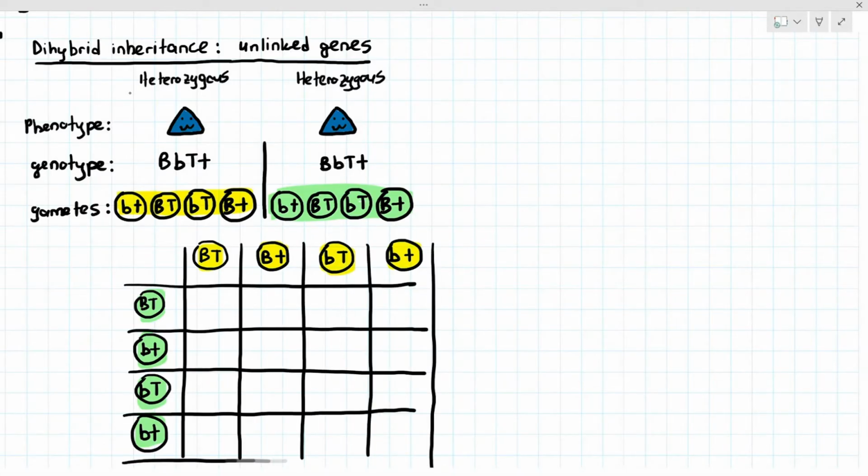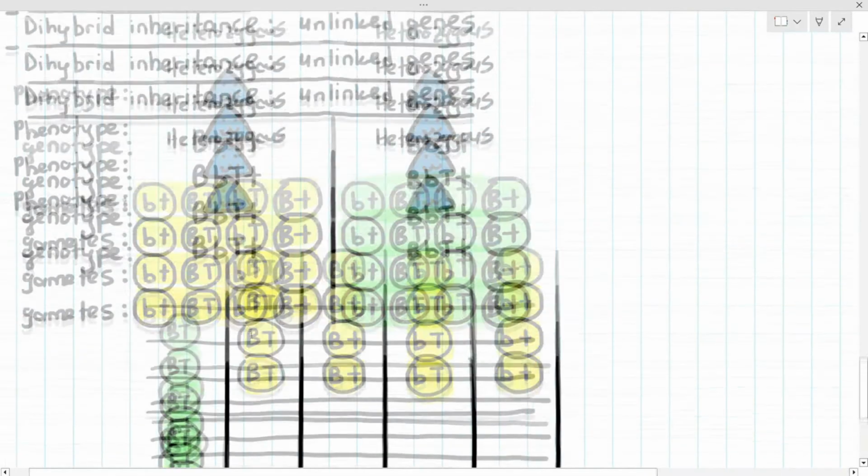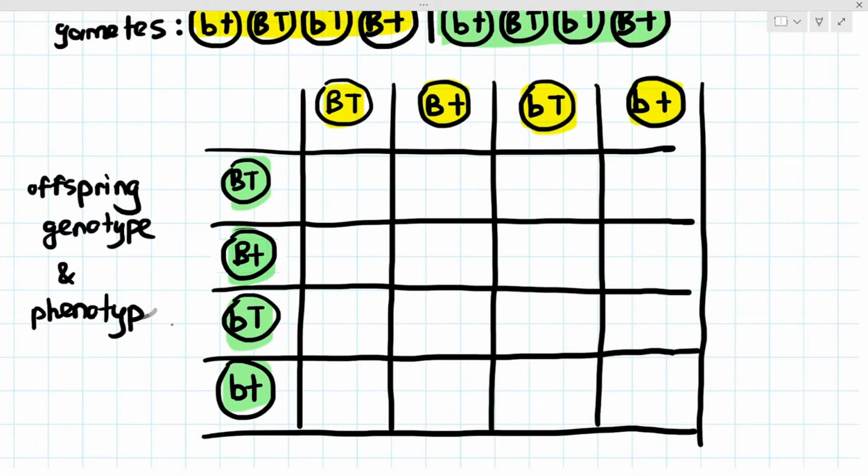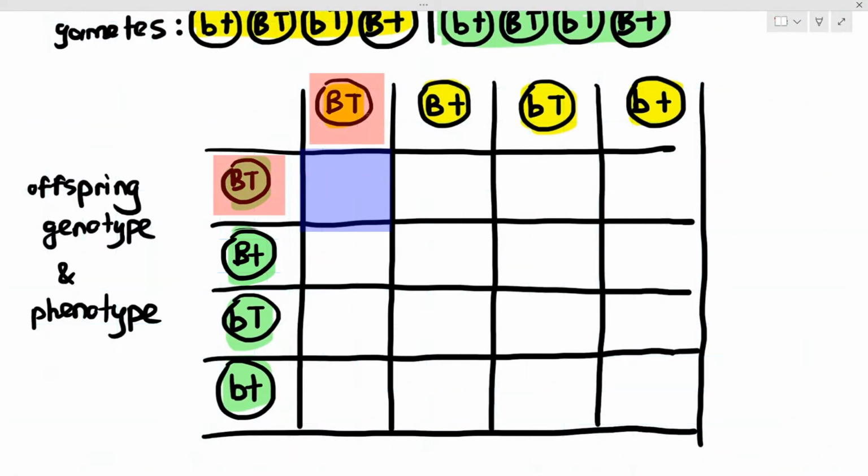So I'm just going to zoom in, and remember, when you're drawing out the Punnett square, you need to put inside the square the offspring's genotype and phenotype. I am going to do the first one for you. So the first box over here, this gamete and that gamete will fuse with each other, and you'll get large B, large B, large T, large T. Now, I'm going to give you some time.